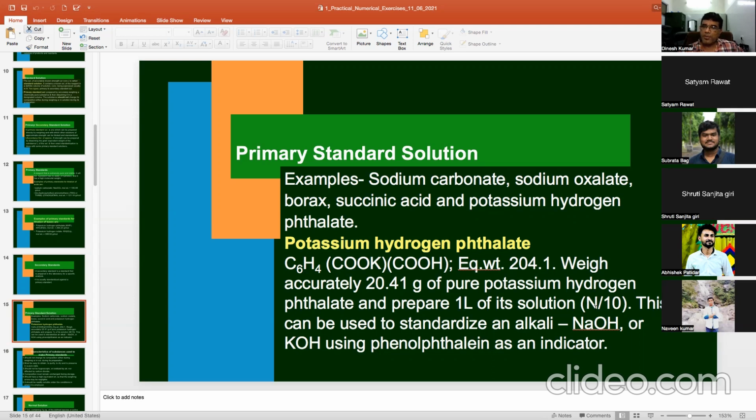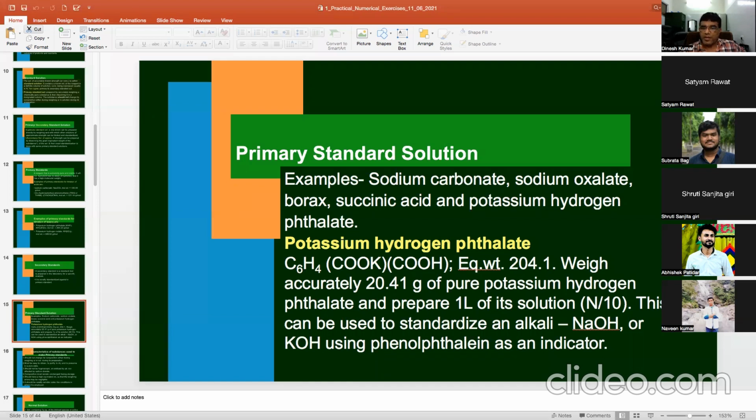Because you are going to prepare N/10 solution, weigh accurately 20.41, that is 204 divided by 10, gram of pure potassium hydrogen phthalate, and prepare 1 liter of solution. Means you mix it in water and make up the volume to 1 liter. This solution will be 1/10 normal potassium hydrogen phthalate solution, primary standard solution.